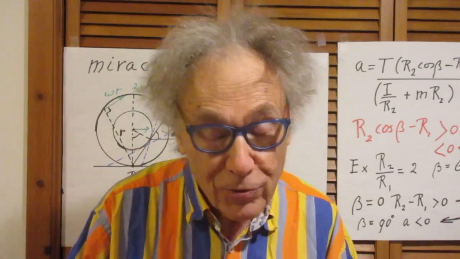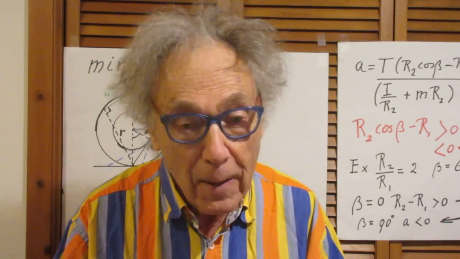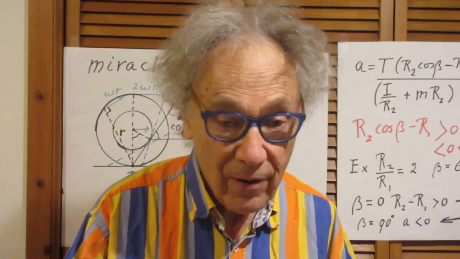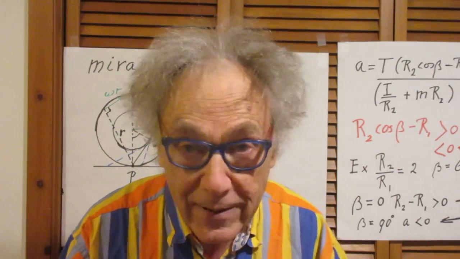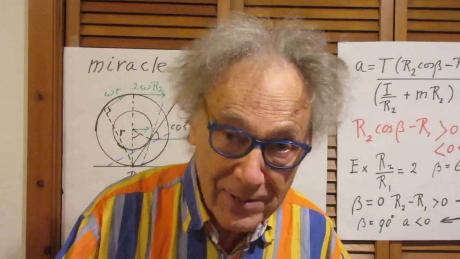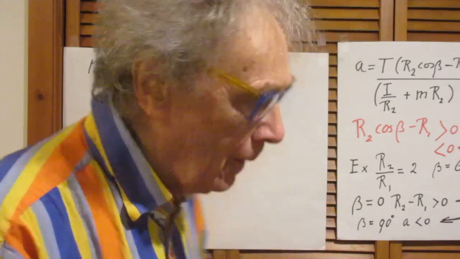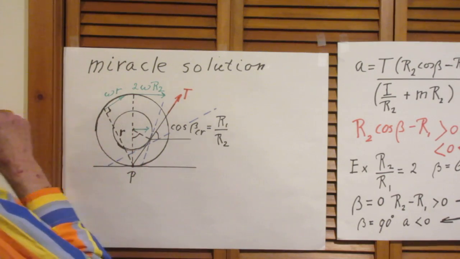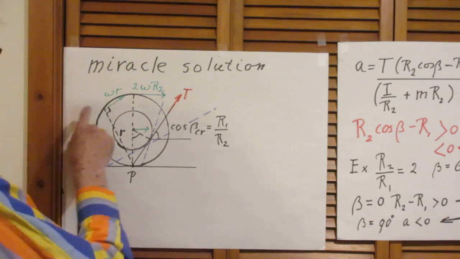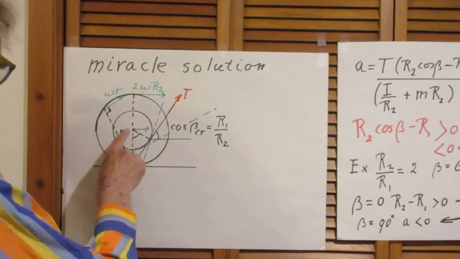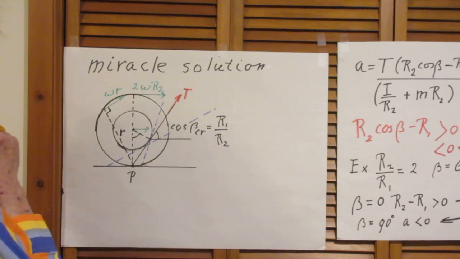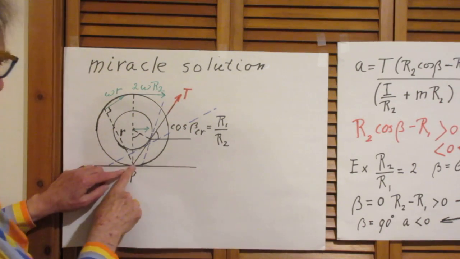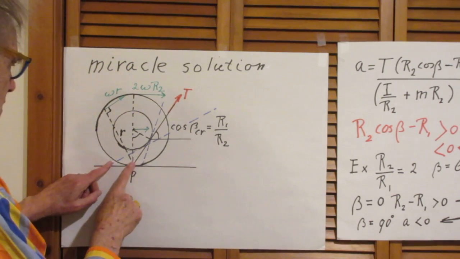It's not so trivial that that is true, but I will show you two consistency arguments. That doesn't prove it's right, but at least it has to pass that consistency. So I claim that if this object is rotating with angular velocity omega about the center of mass, that is a pure roll condition, which is equivalent to this point P always standing still.